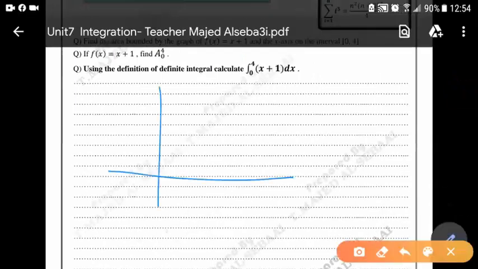See, the integration: if I have this, let's say this is f of x, and I want the integration from, let's say, this is a and this is b.